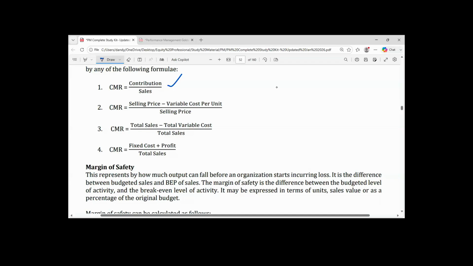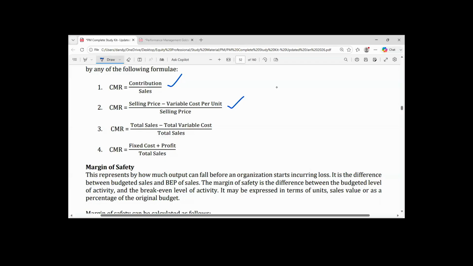If in the question you are given selling price and variable cost, and you want to determine contribution margin ratio, then it will be computed as selling price minus variable cost per unit over selling price.